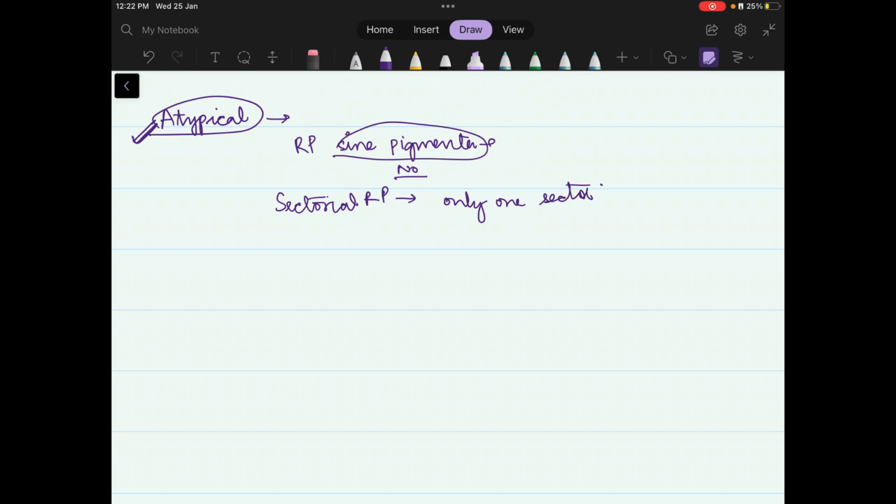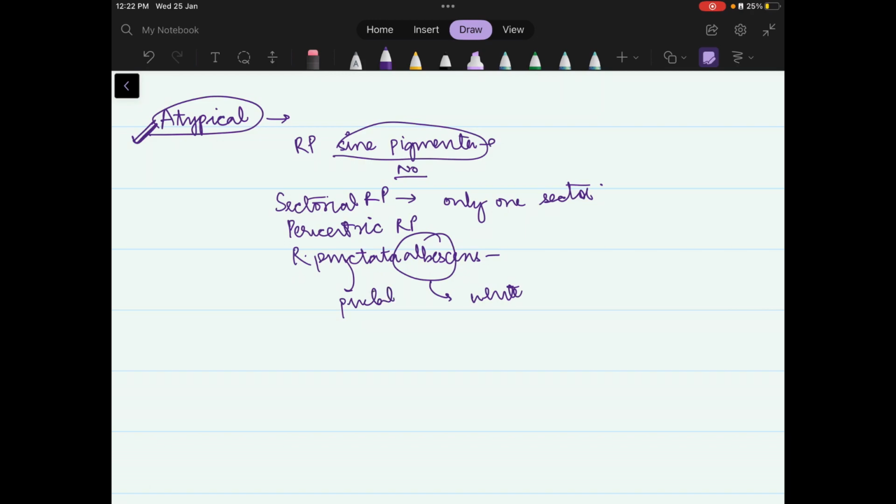Pericentric retinitis pigmentosa, again one particular area is involved. Then retinitis punctata albicans means there will be white spots seen, as albicans is white, punctate spots are seen. Okay, so these are the atypical features.